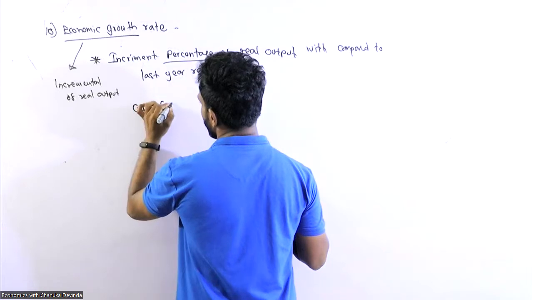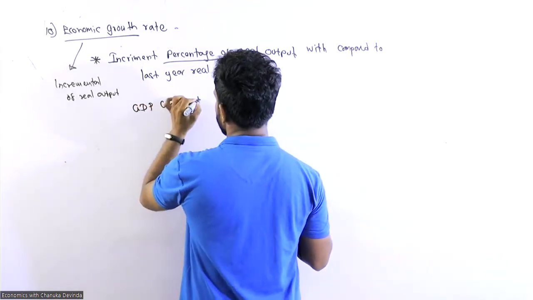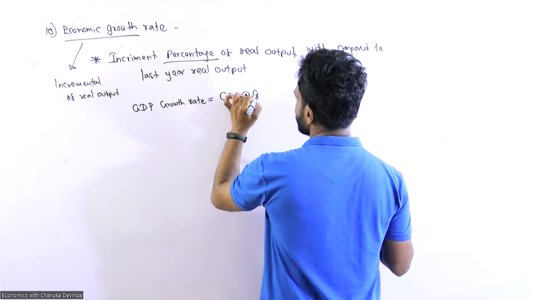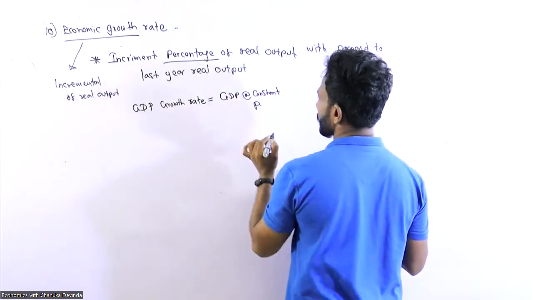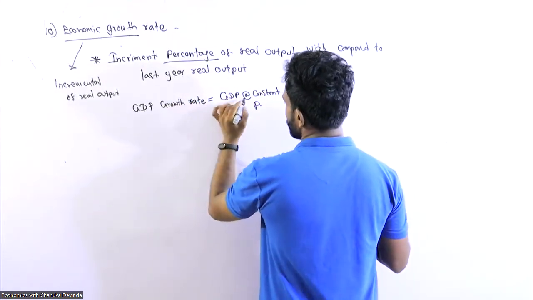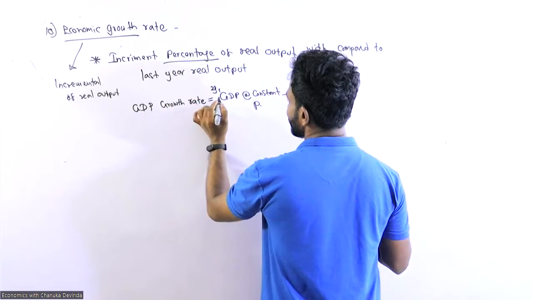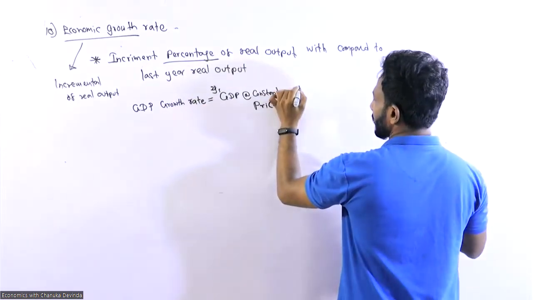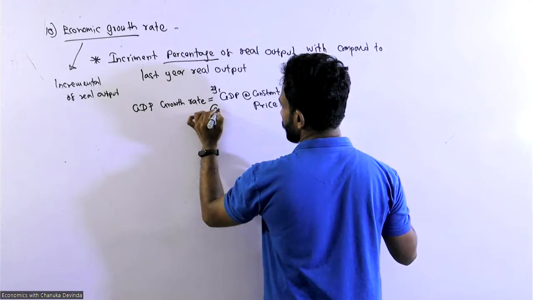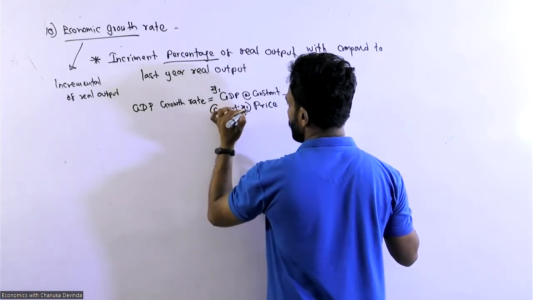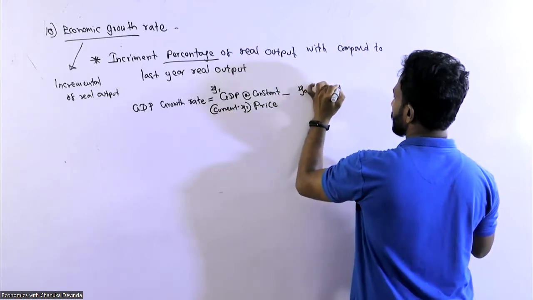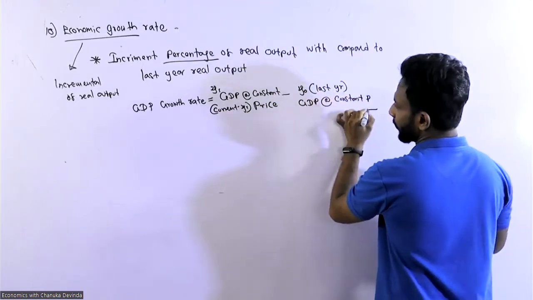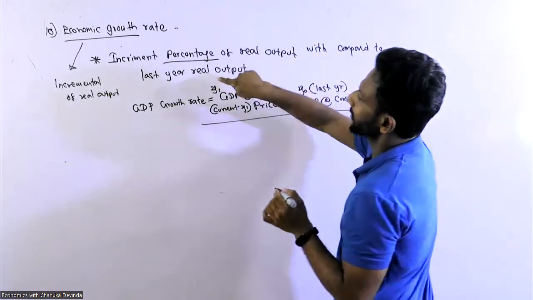GDP growth rate equals GDP at constant price of year 1, the current year, minus GDP at constant price of year 0, that means last year, divided by what? Compared to last year real output.